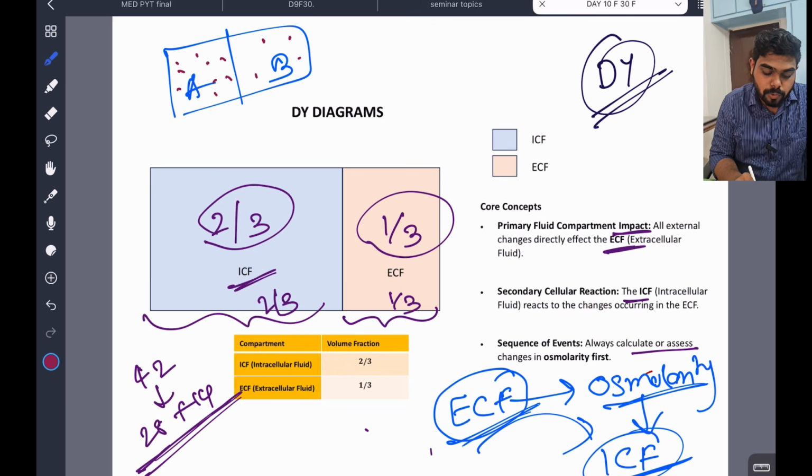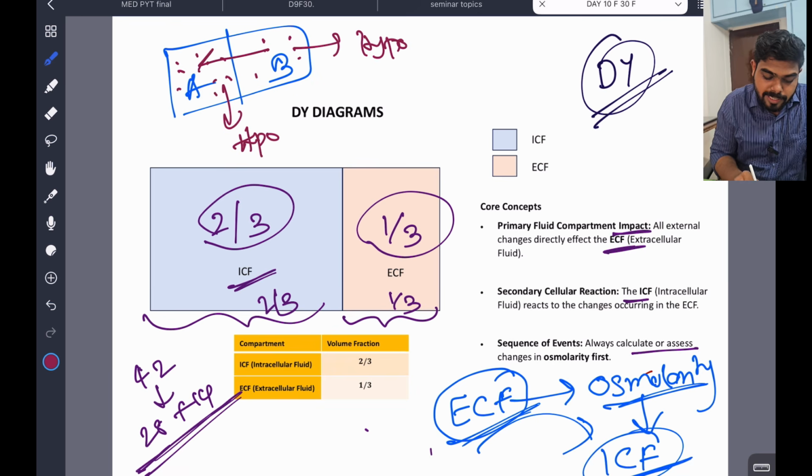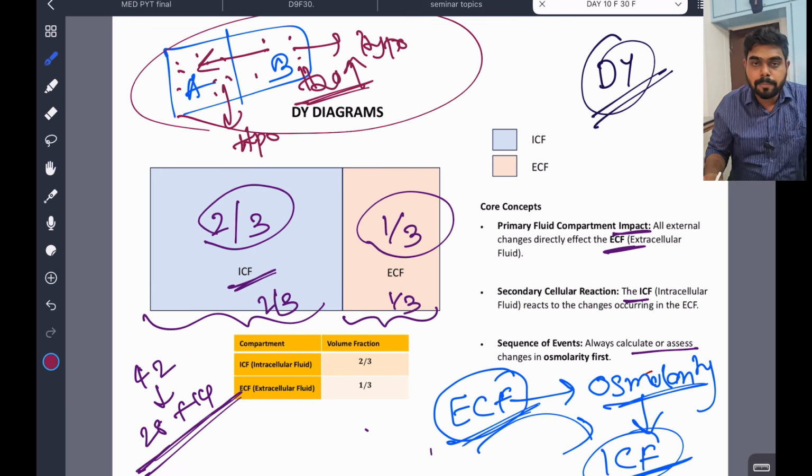Less solute means hypotonic, and more means hypertonic. Water always moves from hypotonic to hypertonic, from higher water concentration to lower water concentration. That is very important. This is the principle of fluid shift. Keeping these two in mind, we are going to solve the DY diagrams.